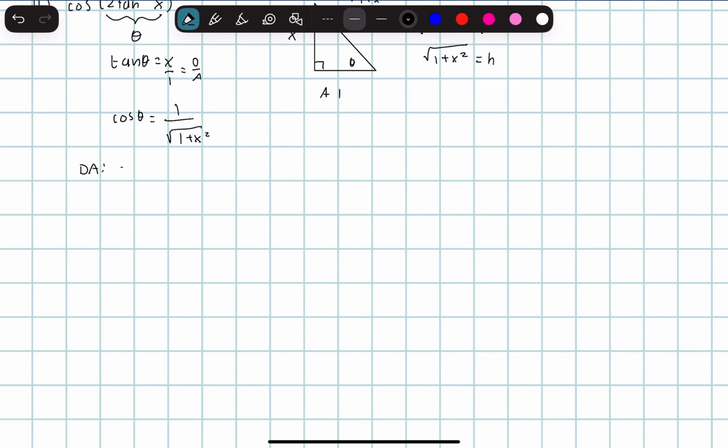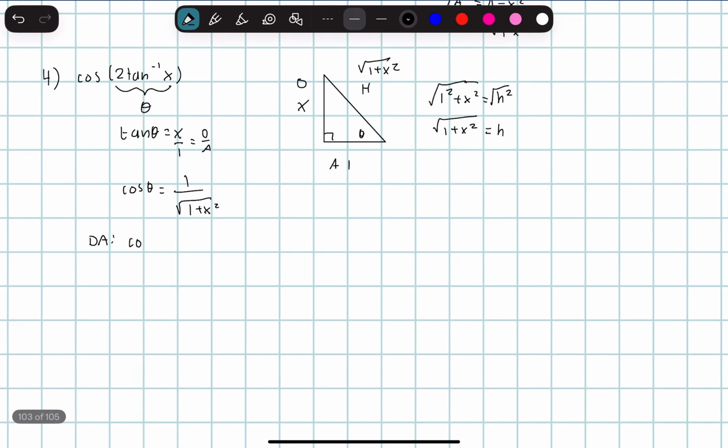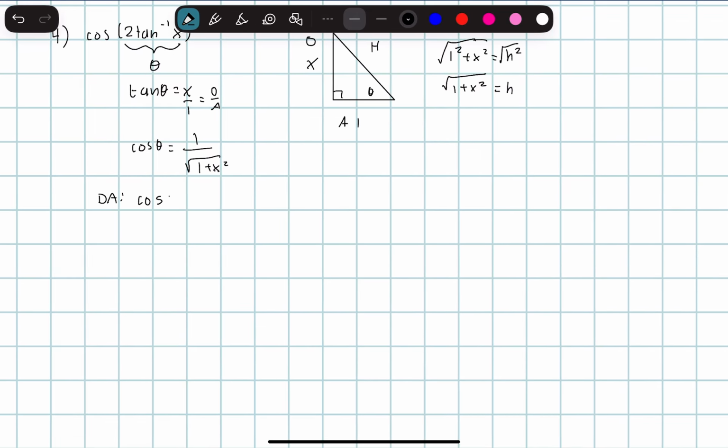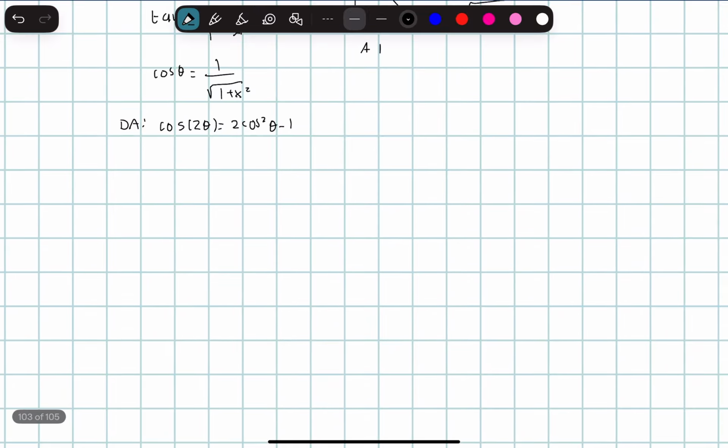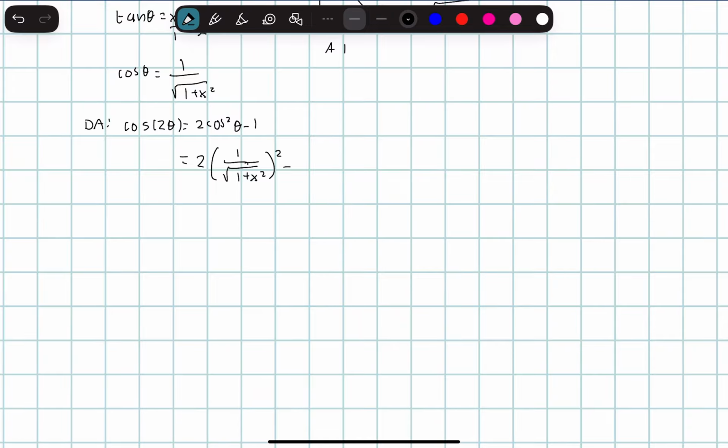Do you know why? Because you see that 2 there, that's doubling the angle. So now we know that cosine of 2 theta is going to equal 2 cosine squared of theta minus 1. Awesome. So now we can substitute this in. Now we have 2 times 1 over the square root of 1 plus x squared, and that's going to be squared, minus 1.